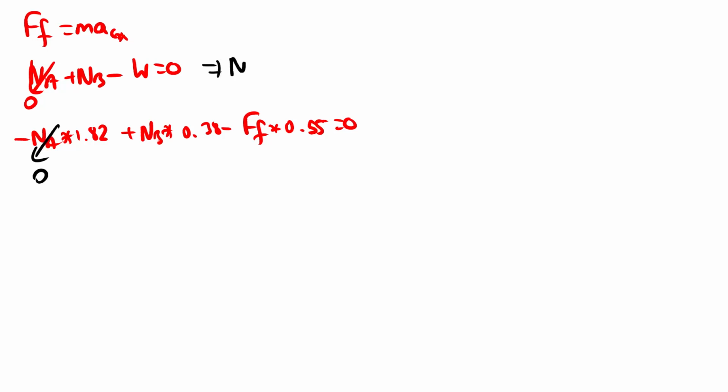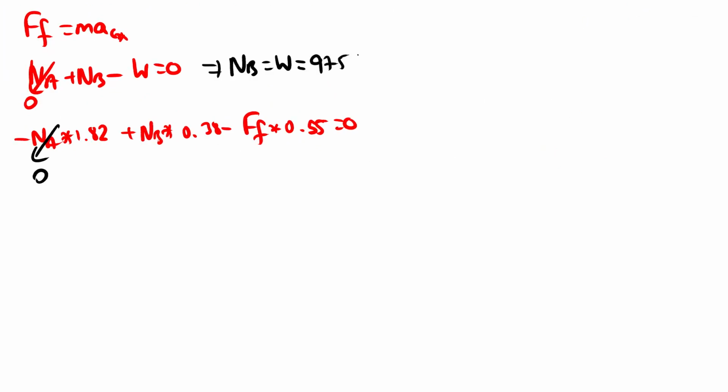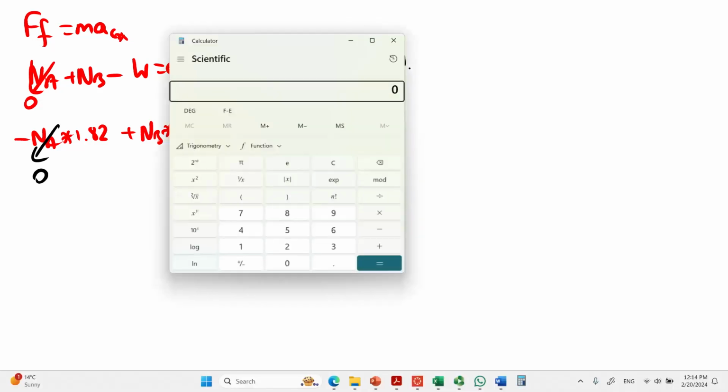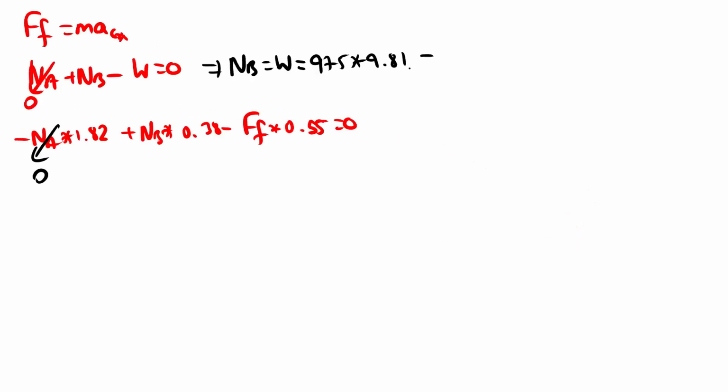From here it follows that N of B is W, and W is the mass times the gravitational acceleration. Then from here it follows that 9564 is the N of B. We know N of B, and then we can find the F of F.